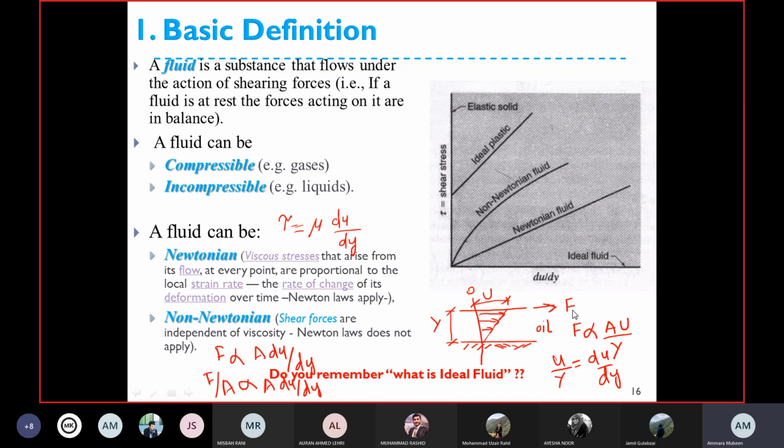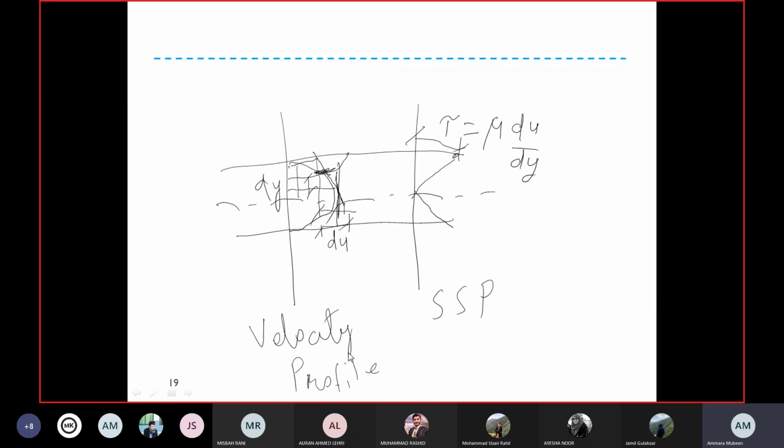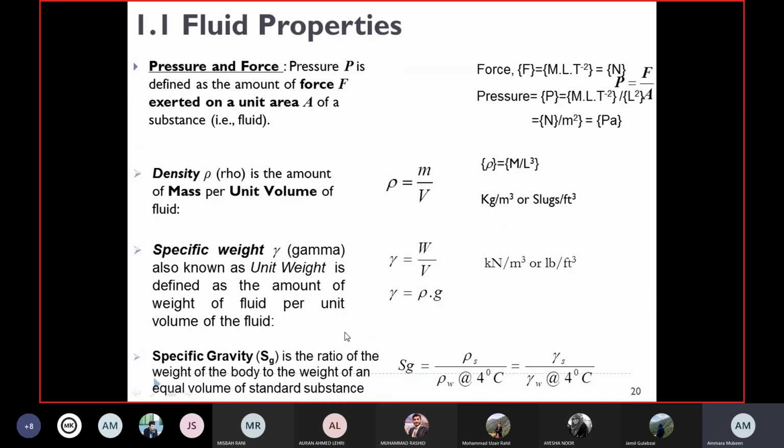You don't need any force to flow for an ideal fluid. It keeps on moving. Neither is it resisted by any friction. It just keeps on moving without any resistance. So that is actually the ideal fluid, which is practically not possible. Okay. So this is regarding Newtonian and non-Newtonian fluid.